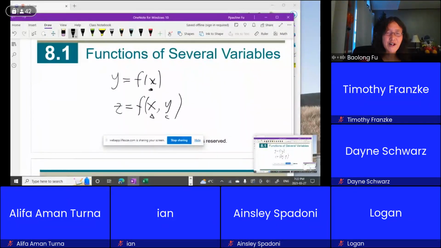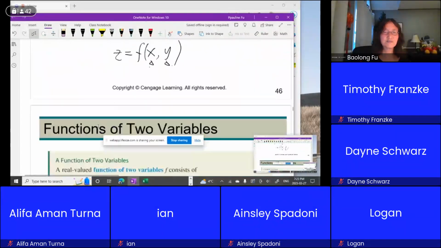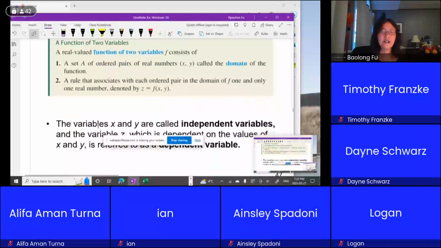So we have two variables as independent variables. This is the concept of this chapter. Sometimes we also have maybe 3 variables, but our textbook focuses on just these 2 variables.